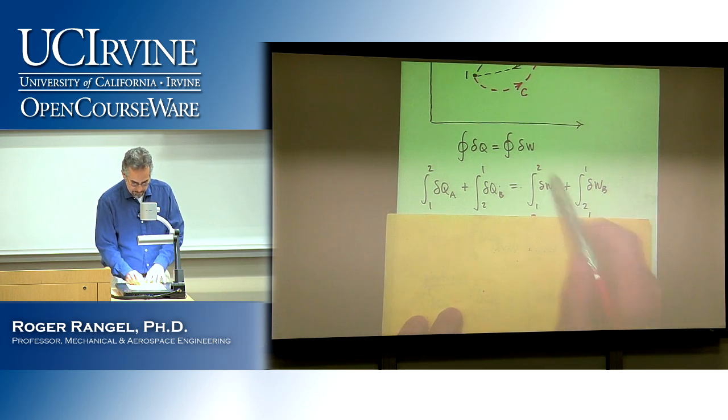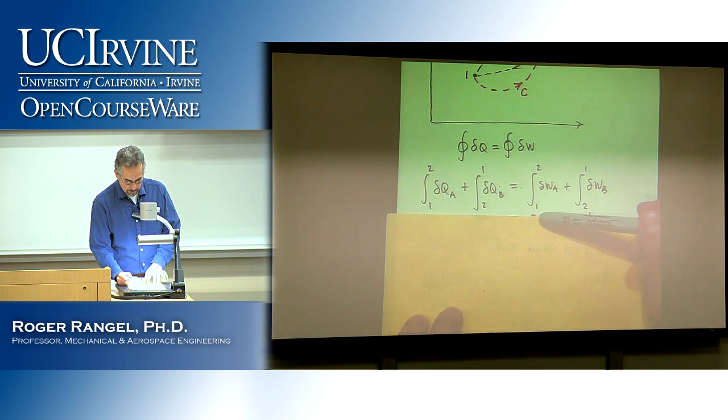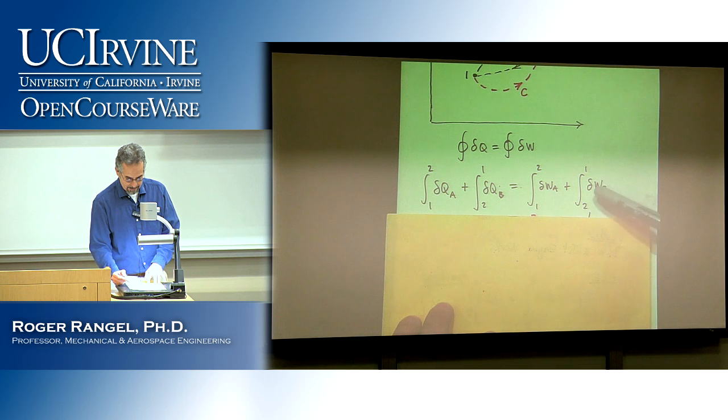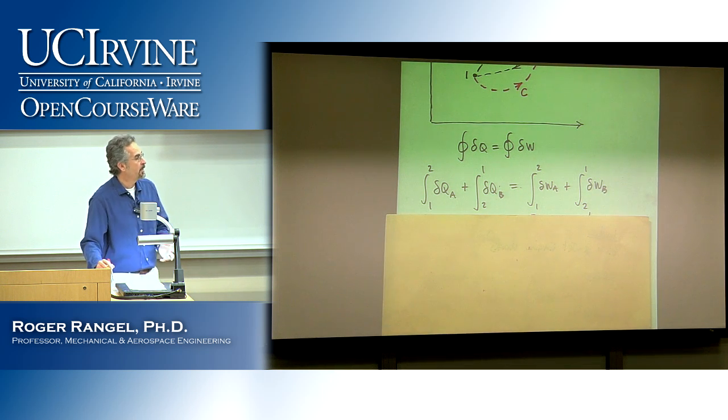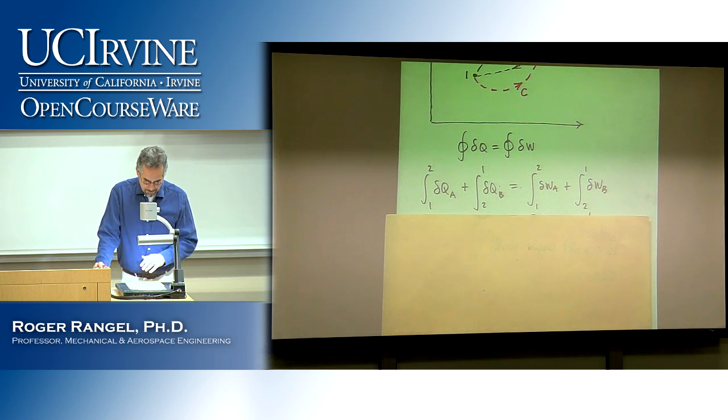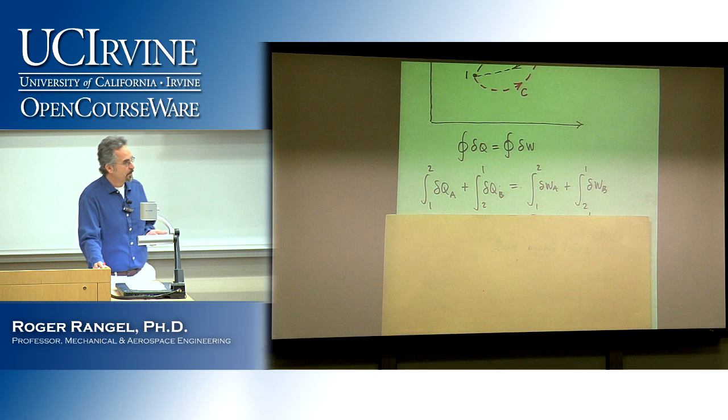So the first integral on the right-hand side is the work in going from 1 to 2 on path A, and then I add the work going back from 2 to 1 on path B. Again, those are not the same because they are different paths. Okay, so now the red curve comes into the picture.